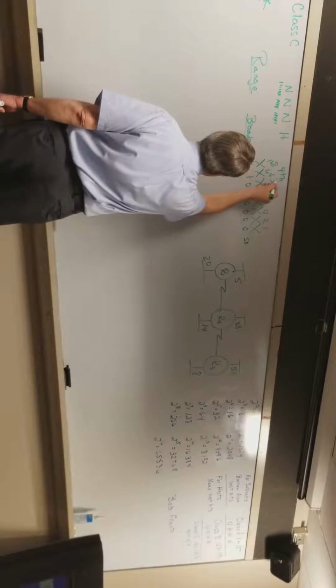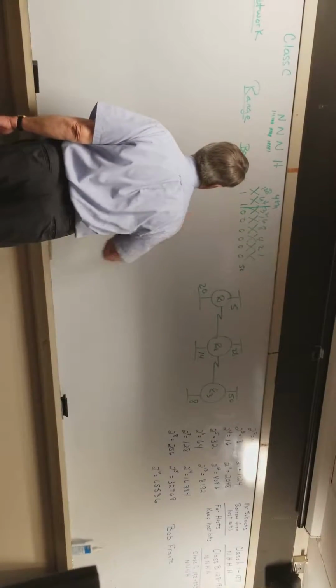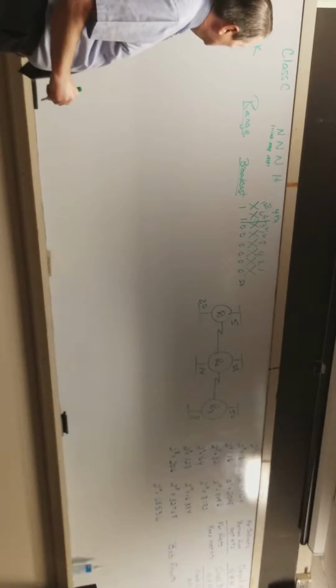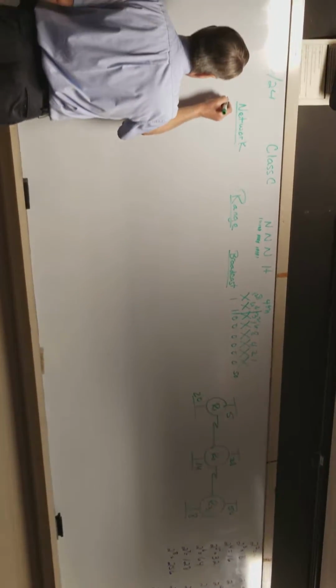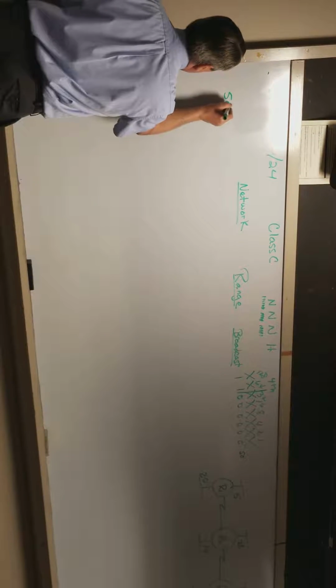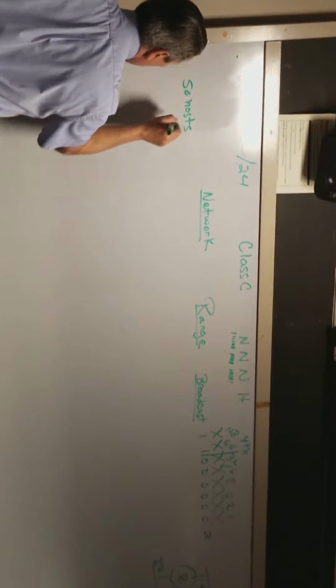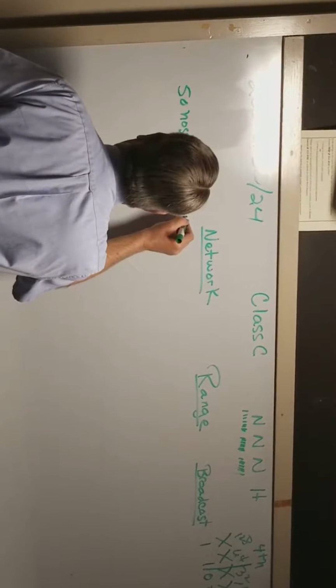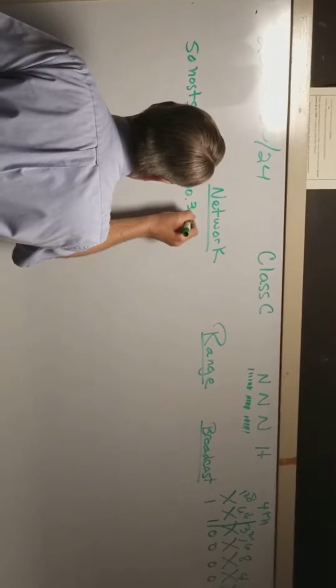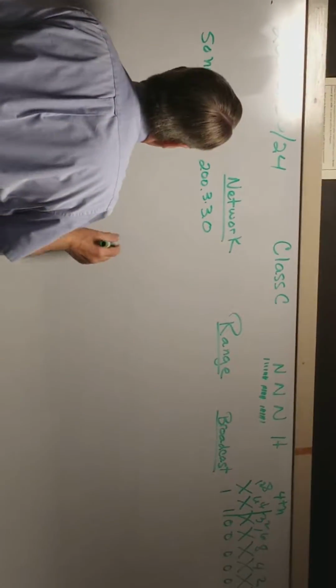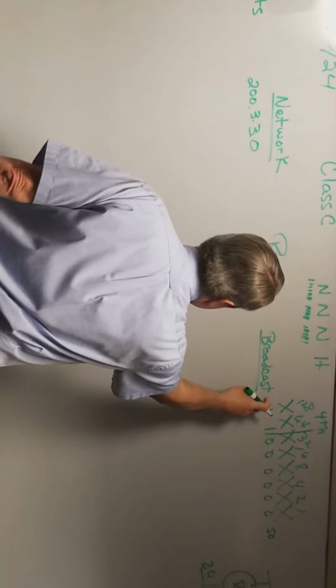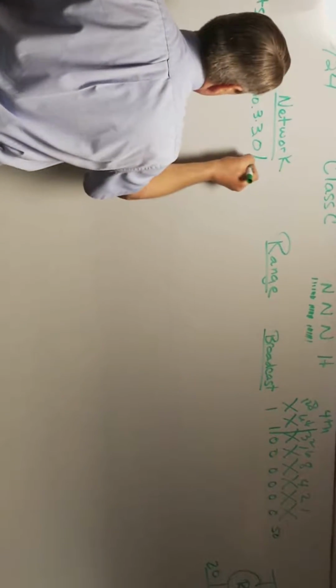So I can borrow 2. So 64 is going to be my number. This is for 50 hosts, so this is going to be 200.3.3.0, 24, 25, 26. That's a /26.